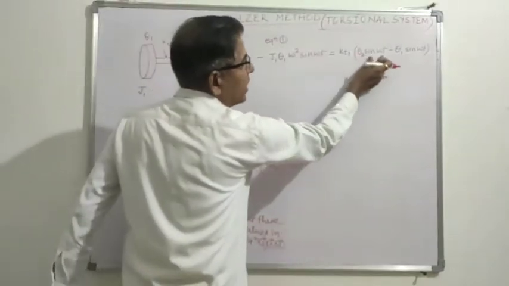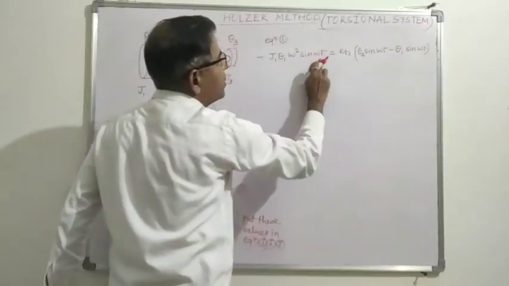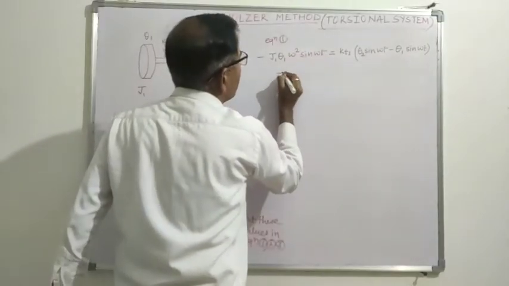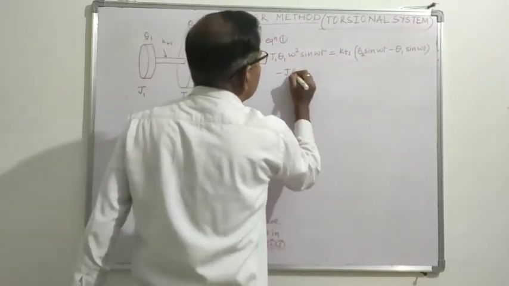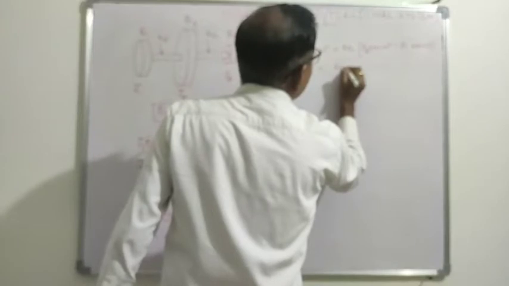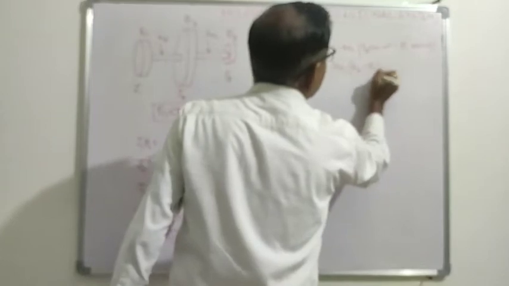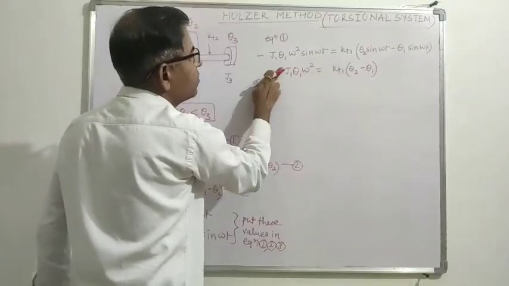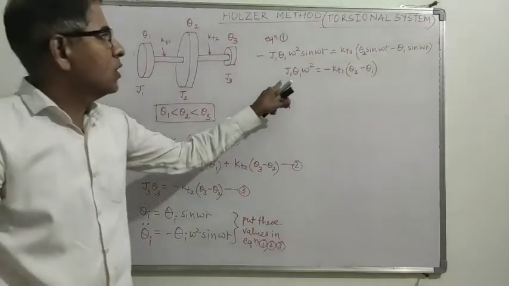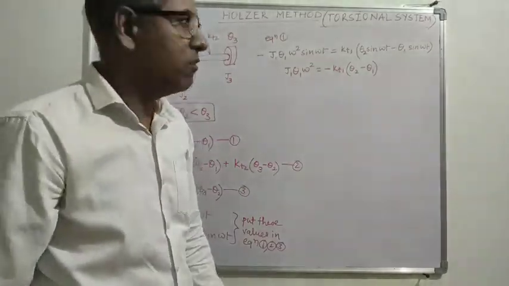Now if you take sin omega t common, that sin omega t will get cancelled with this sin omega t, so it will remain minus J1 theta 1 omega square is equal to KT1 (theta 2 minus theta 1). And if you remove this negative sign, this J1 theta 1 omega square is equal to minus KT1 (theta 2 minus theta 1).